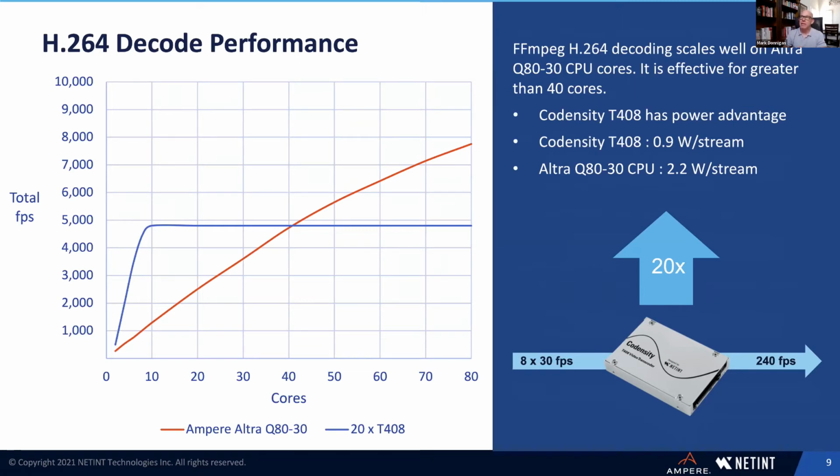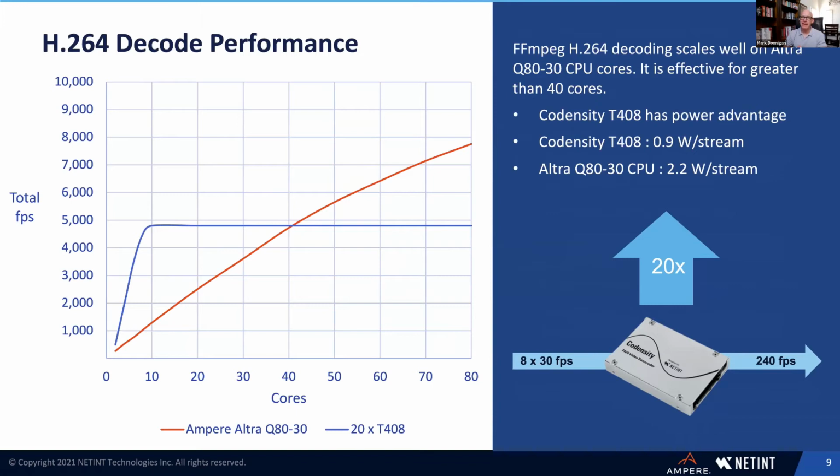And you can see that it actually scales pretty linearly on CPU. For decode, CPU works pretty well. What's interesting is that right at about 40 cores is where the advantage actually tilts for decoding. Now, this is decoding only, to CPU in terms of scaling.